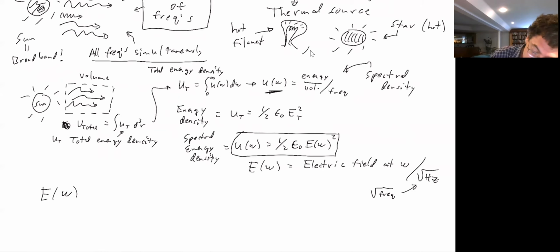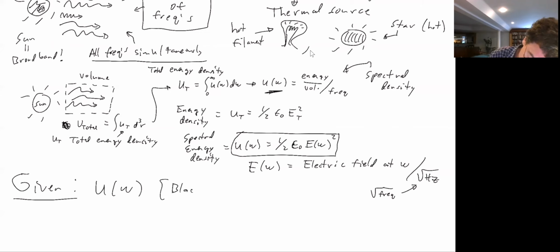usually the way it works out in the real world is that what we're given is the spectral energy density, U of omega. For example, we know U of omega for a black body source.